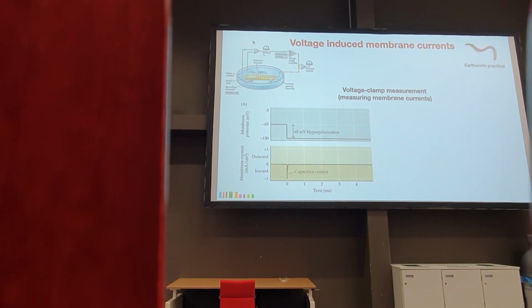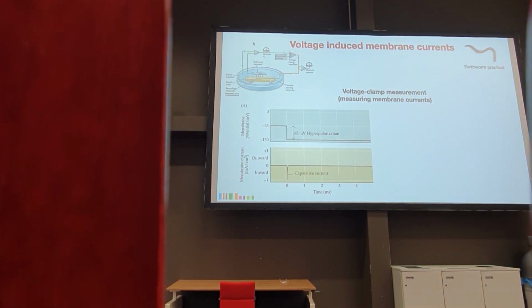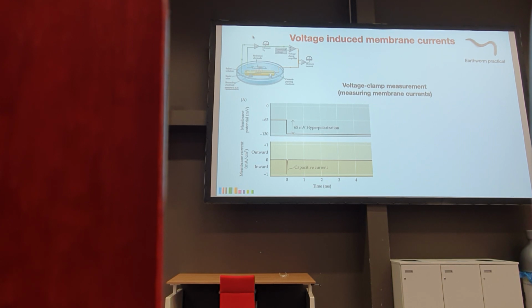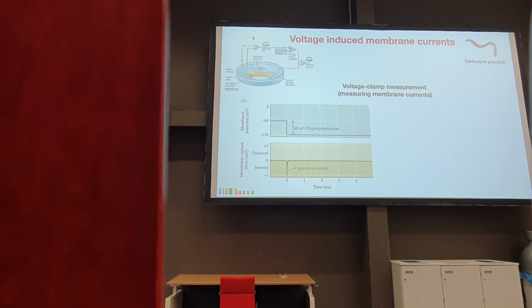And the first thing they did is starting to do these voltage clamp measurements where they applied very simple step pulses, going from minus 65 for instance, in this case to a hyperpolarization pulse, in this case of minus 65 millivolts, and look at the currents as a response.